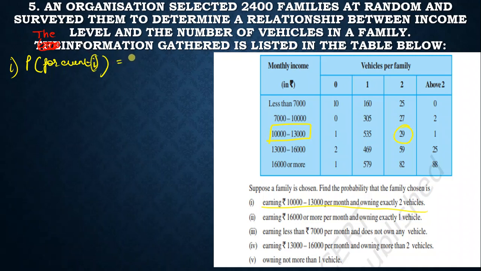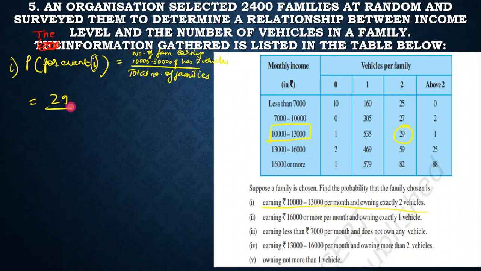So this is equal to, again you need to write here, the number of families earning 10,000 to 13,000 and having two vehicles, by the total number of families.